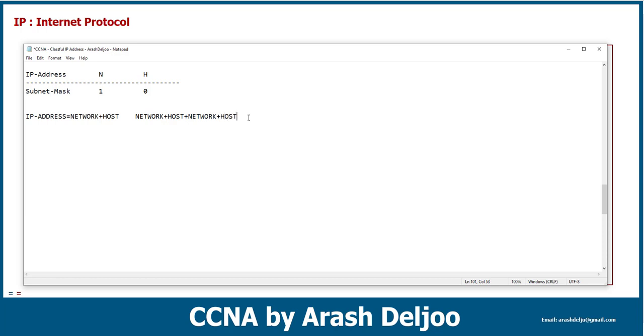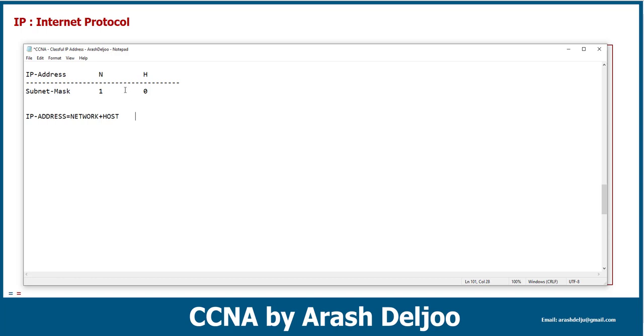This means that when you are using one IP address, some first part of the IP address is the network bits. After that we have the host bits, and after that we can't use another network bit. We have only host bits again. Okay, this is so important.